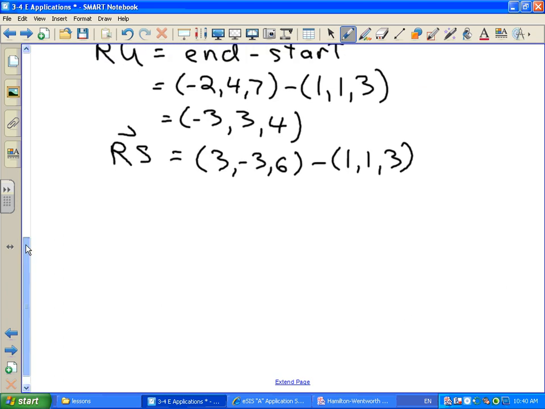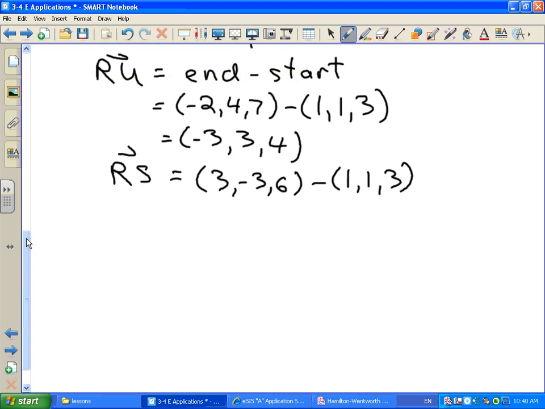And then we can figure out what RS is here. So 3 minus 1 is 2, -3 minus 1 is -4, 6 minus 3 gives us 3. So we have the vector 2, -4, 3.